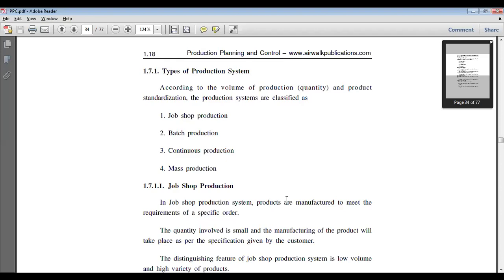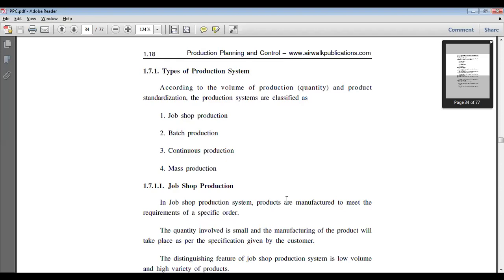In job shop production, the quantity involved is small, and manufacturing of the product takes place as per the specification given by the customer. Obviously, we are not going to produce many parts, only as many as are required for servicing the AC or for the specific requirement of the customer. So the quantity is small, but it heavily depends on specifications.